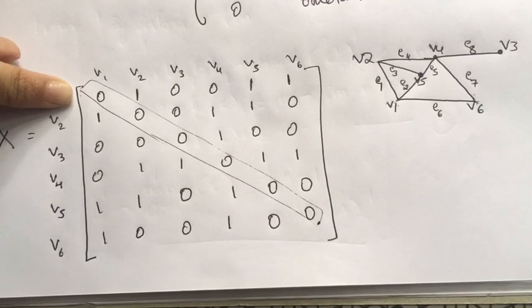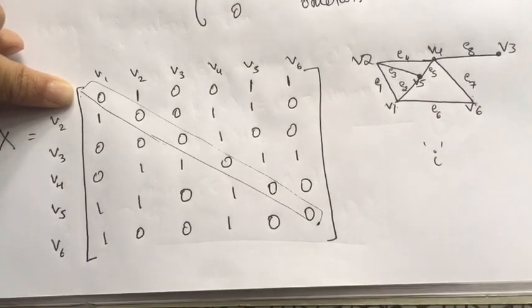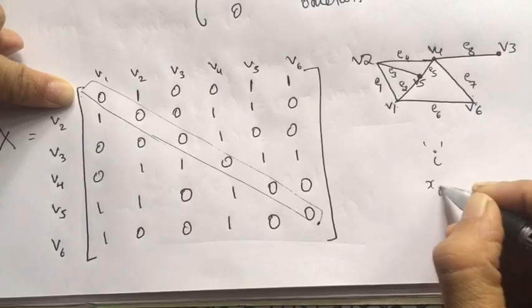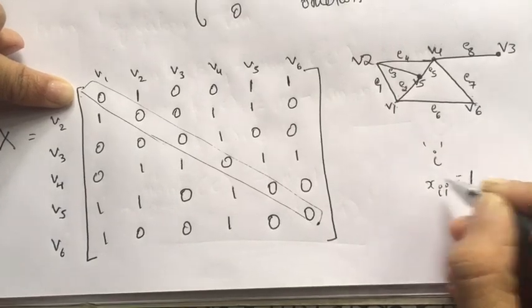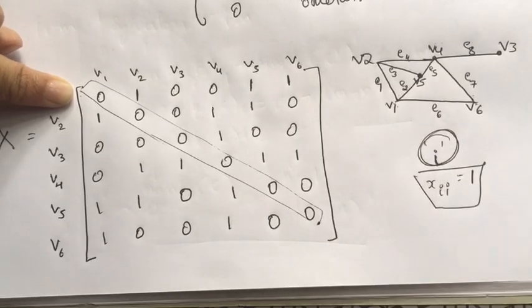So if there is a self loop at a particular vertex, say at ith vertex, then the entry xii will be equal to 1.